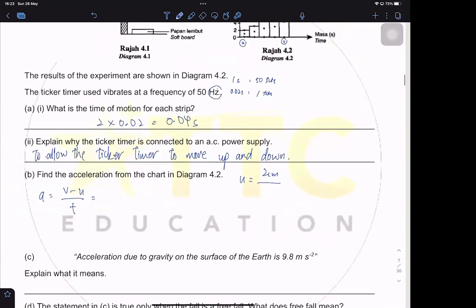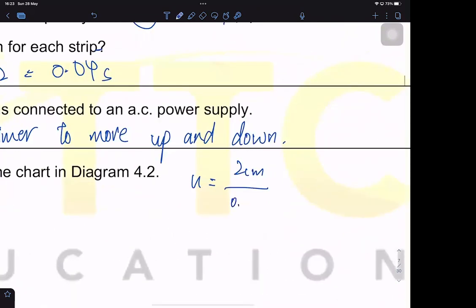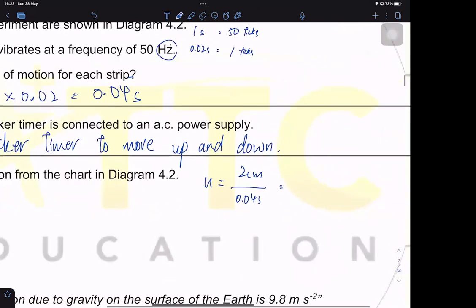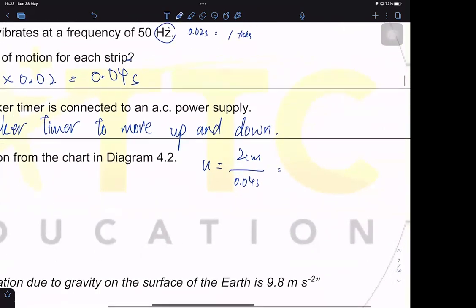So every strip, 2 cm, is 0.04 seconds. So 2 centimeters divided by 0.04 is like 200 divided by 4. So it's 50 cm per second. Okay, 50 cm per second.